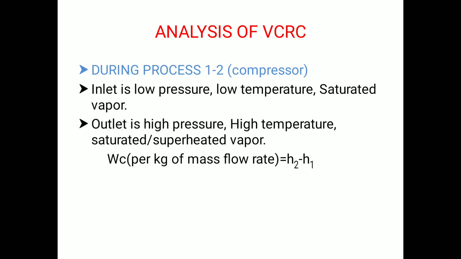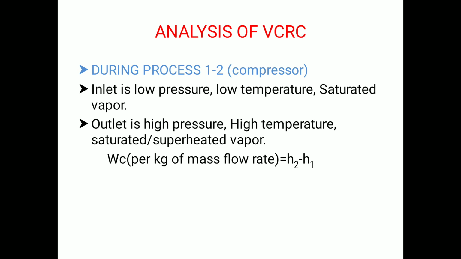So process 1 to 2, that is in compressor. We already discussed in compressor the process 1 to 2 is isentropic compression. So let us try to understand what is actually happening in a compressor. The inlet refrigerant is low pressure, low temperature, saturated vapor.